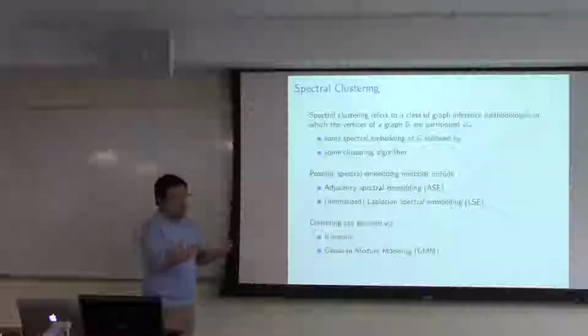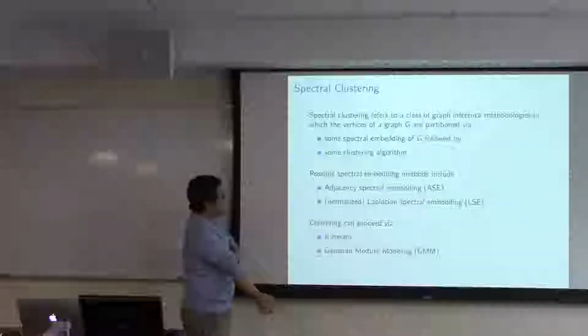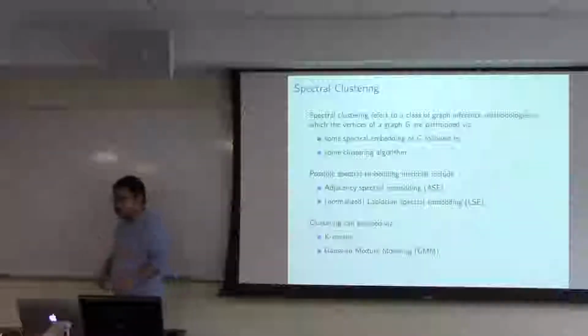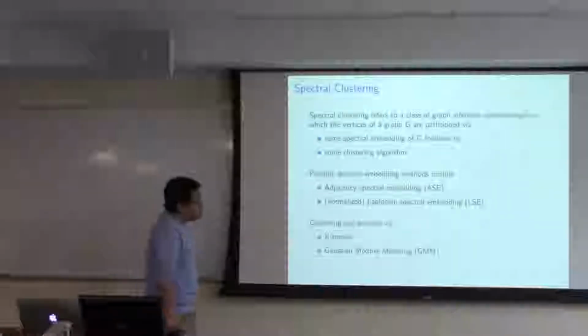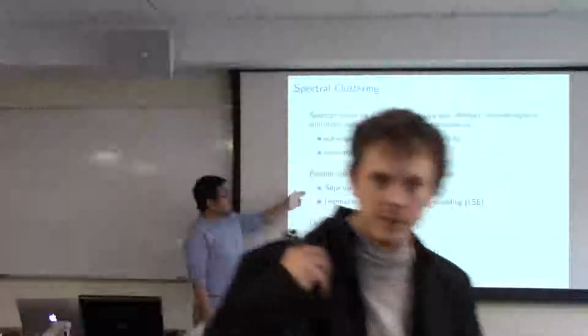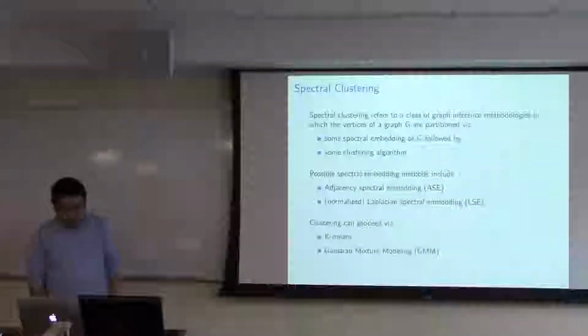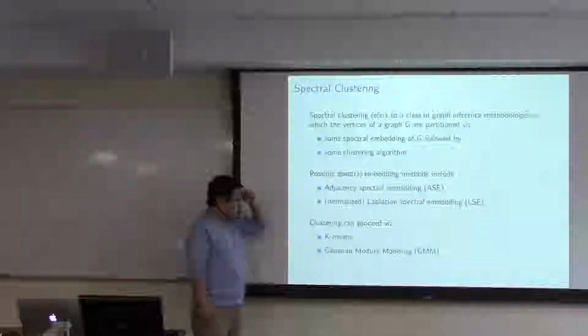The graph originated as n by n, now convert it to n by d for some d much less than n. Now each of these vertices is a point in R^d, so I could cluster points in R^d via some classical clustering algorithm. Two methods of finding a low-rank representation are what is called adjacency spectral embedding and normalized Laplacian spectral embedding. We will discuss this a little bit later.